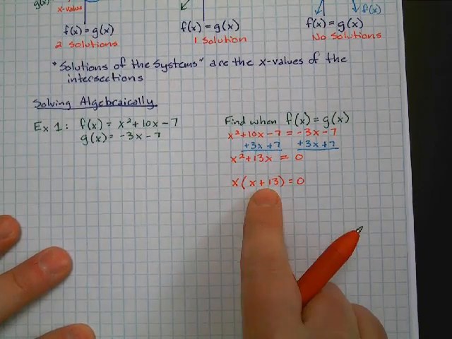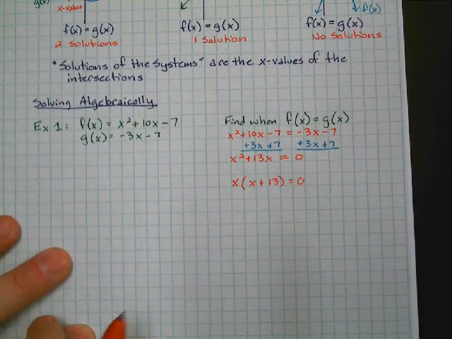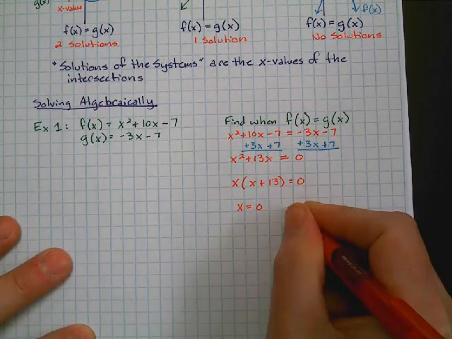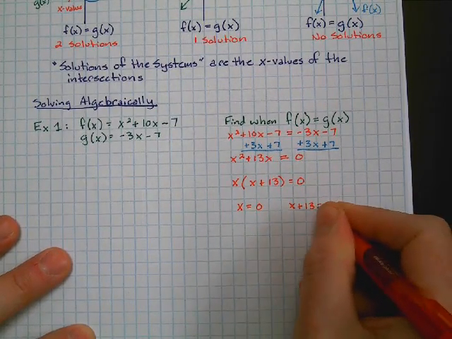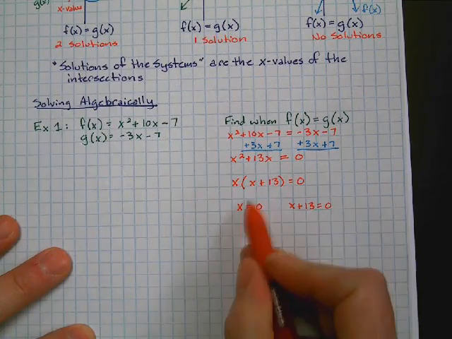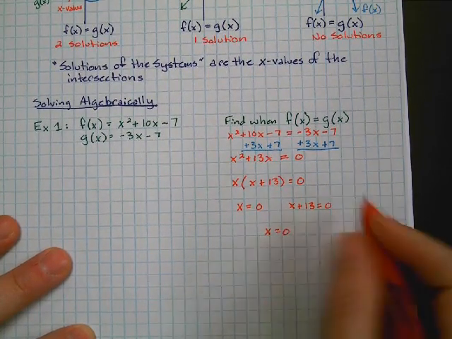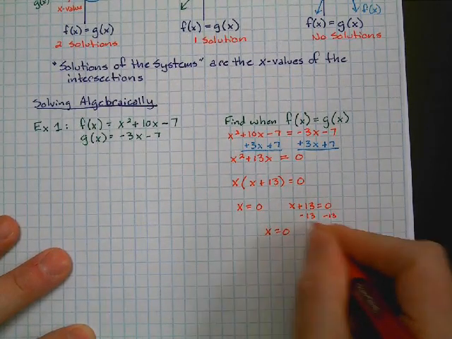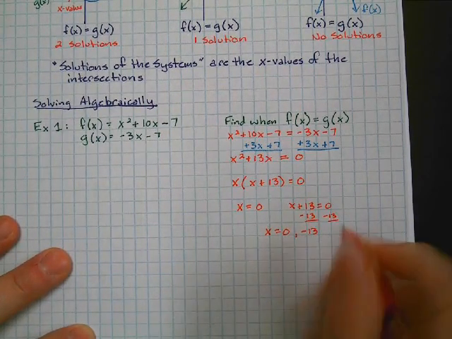If these things are multiplied and they equal 0, that means one of these two things has to be 0. So we're going to write that x could be 0 and x plus 13 could be 0. This one's already solved. We know one of our answers is 0. This one we would have to subtract 13 from both sides. And that tells us our other answer is negative 13.